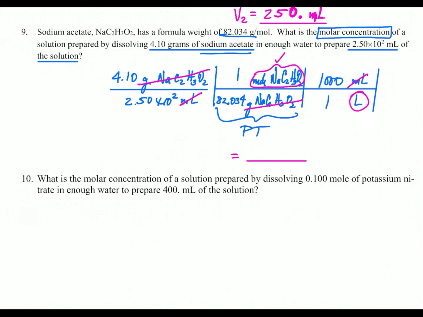When you do so, you will have moles of NaC2H3O2 on the top and 1 liter of solution on the bottom. Will be 0.200, 3 sig figs, because of the 4.10 you were given and the 2.50 you were given, both being 3 sig figs.